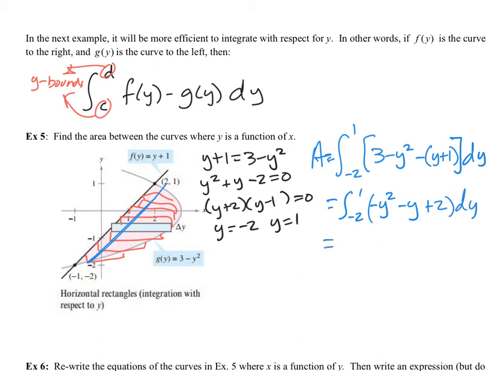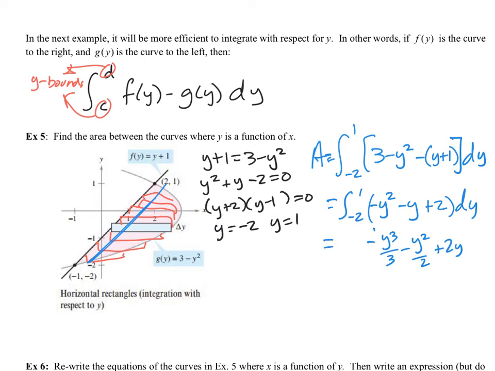So now let's find the antiderivative. So that's going to be negative y to the third over 3 minus y squared over 2 plus 2y. Oops, I shouldn't have that integral symbol. Sorry about that. If we're integrating, I don't need the integral symbol anymore.